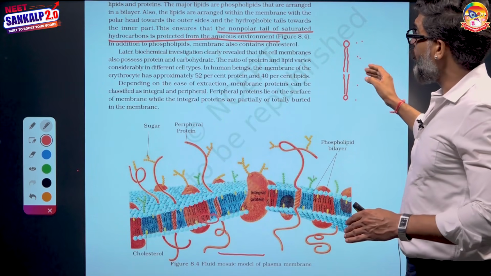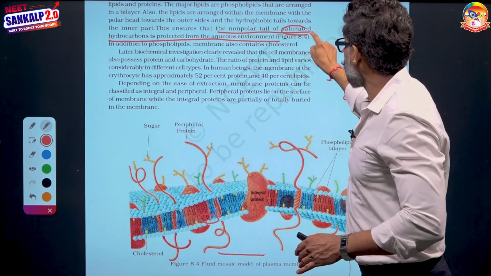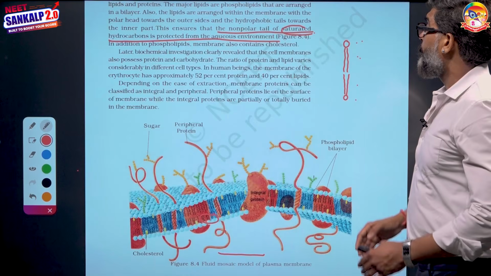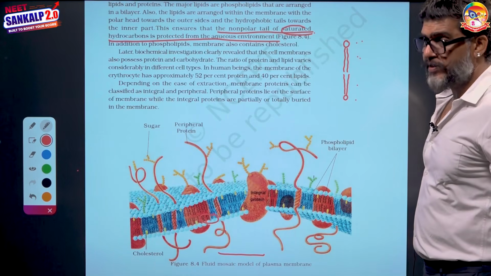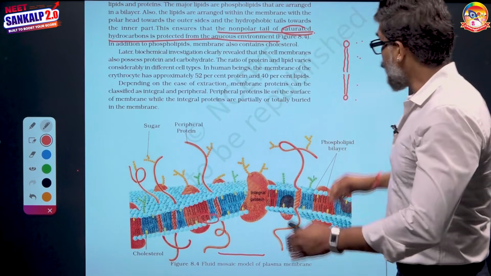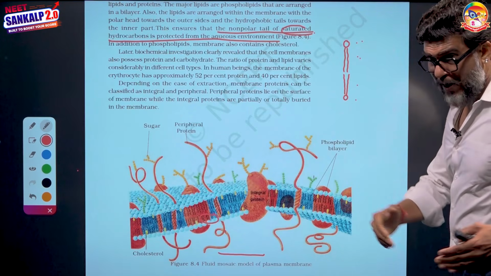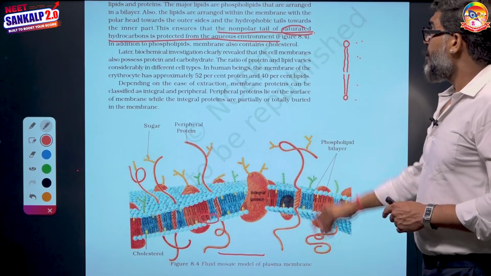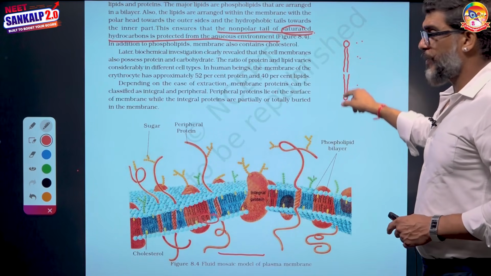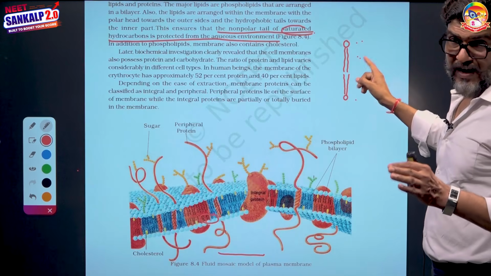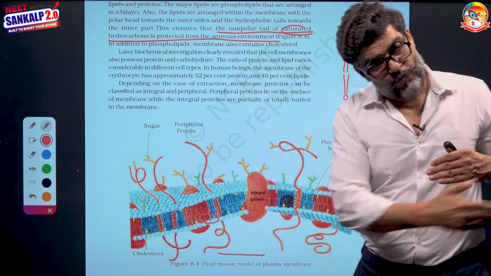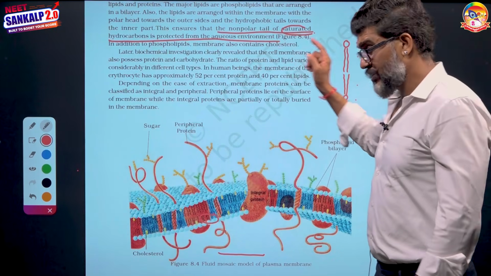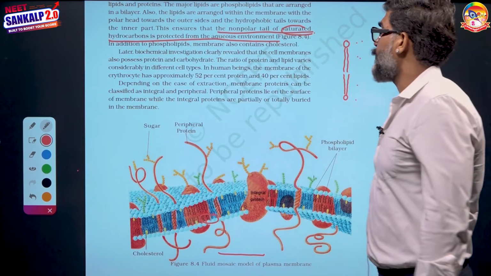This arrangement of saturated hydrocarbons ensures protection of the cell from the aqueous environment. It means because of this arrangement, free movement of water across this membrane cannot be made possible. But the condition is that these phospholipid molecules should be saturated. If they are unsaturated, then water can move across it, meaning it would not remain protected from the aqueous conditions. So this line is very important from the exam point of view.